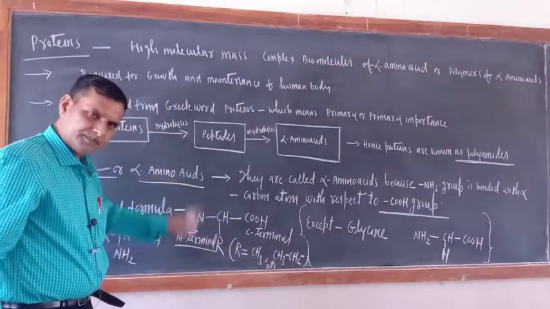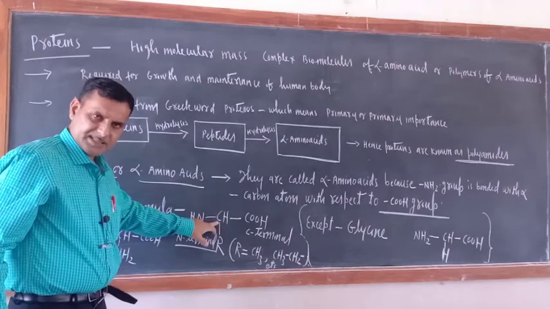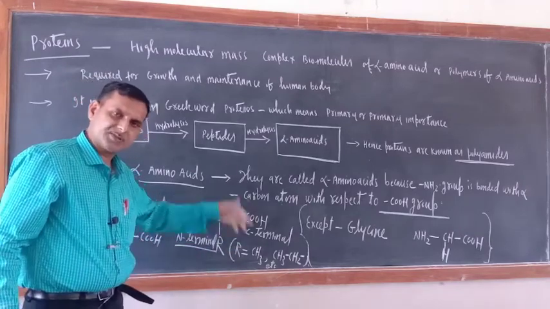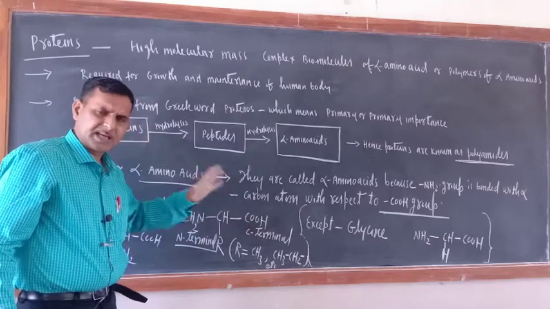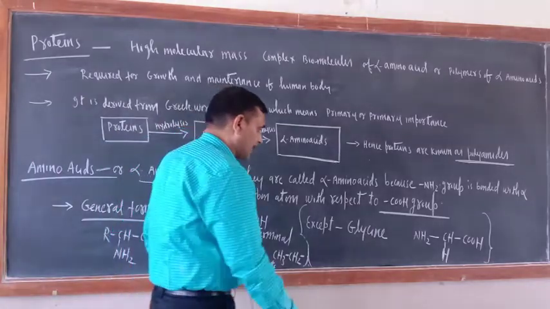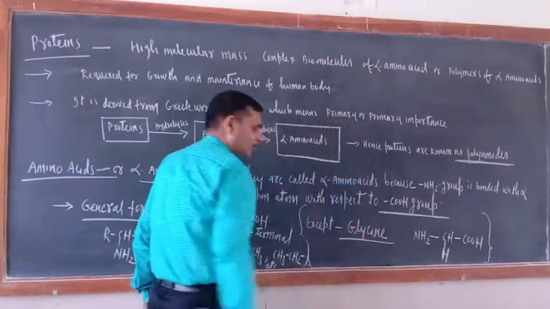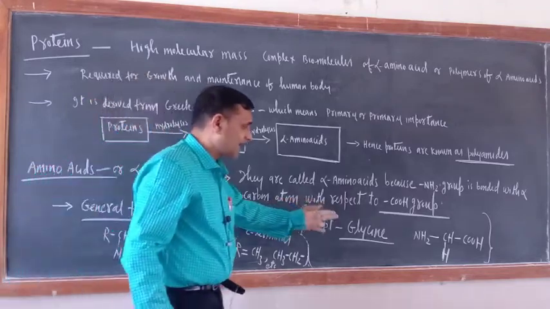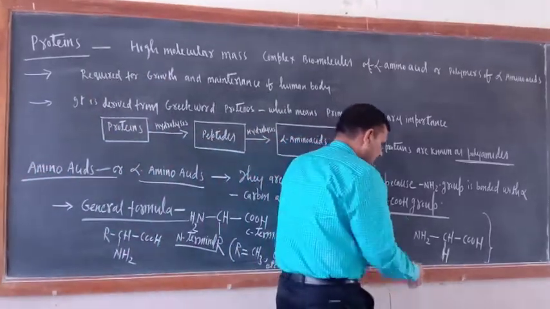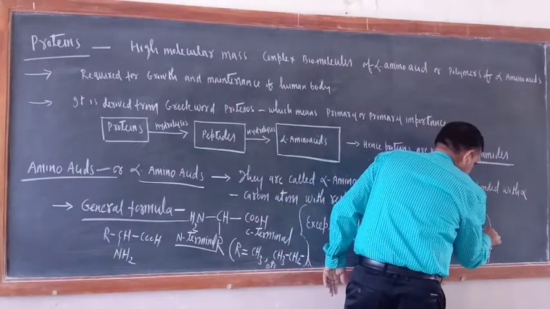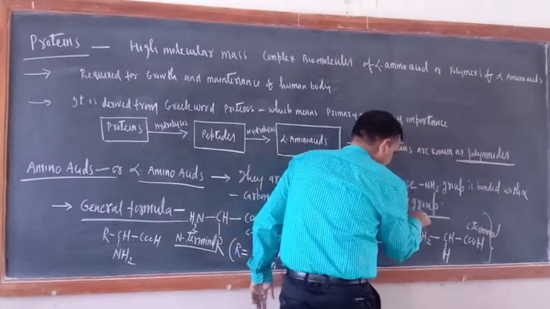Now you just see, in all amino acids, one R group is a must. R means CH3, CH2CH3, it means an alkyl group. Okay. There is one amino acid you should remember, glycine, where R is not there. Just see, this is the C terminal, this is the N terminal.